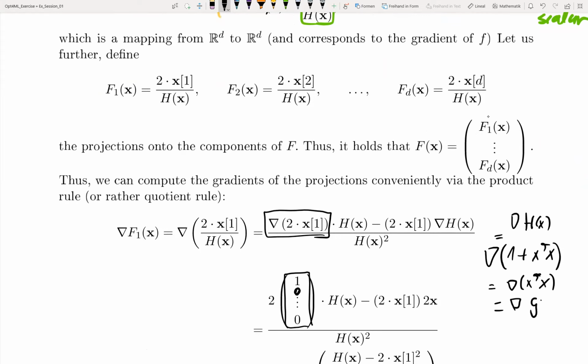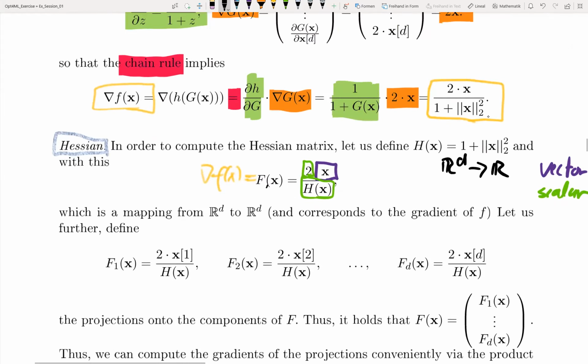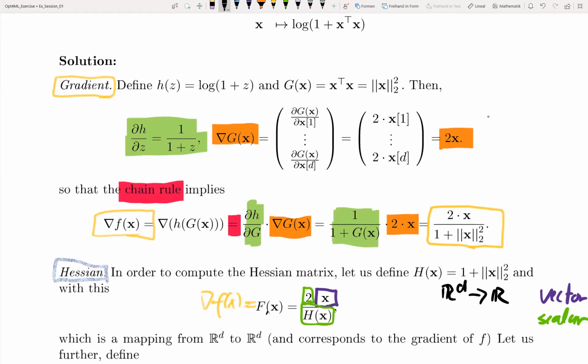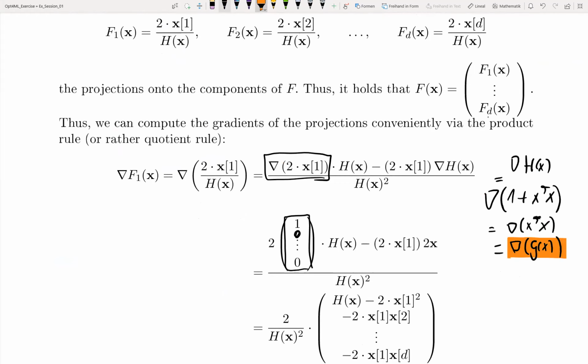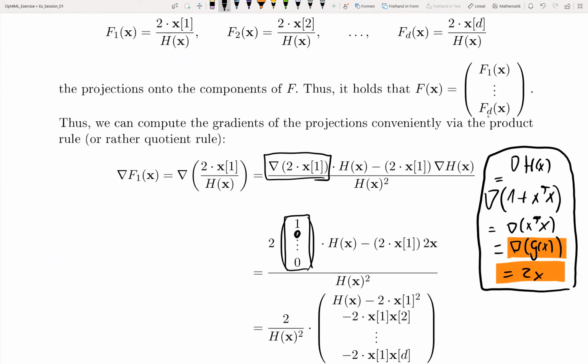This is the function g of x we had before, so x transpose x. This is the function g we had at the beginning, the orange one, which is simply the Euclidean norm, or x transpose x. And for this, we have computed in orange that the gradient of this function is 2x, right? So, long story short, the gradient of h of x is 2 times x, and this is what we used here.